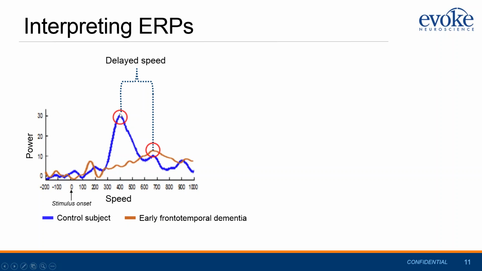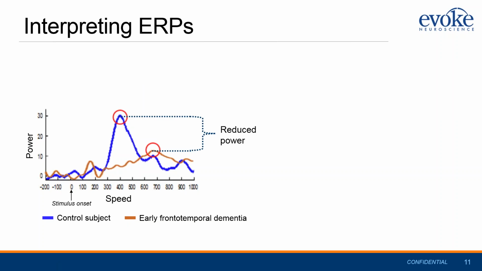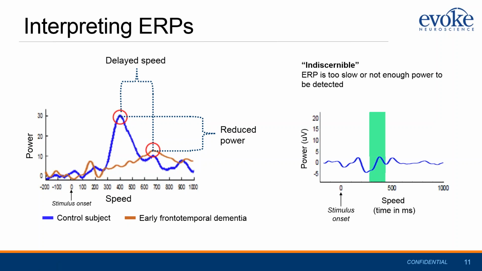We'd like to see this peak around 300, but this subject is about 675. So they have really delayed speed. And when we look at how it shifted on the y-axis, we can see that our dementia subject has significantly reduced power as well. They've shifted down on the y-axis. Their neurons aren't powering up together to process information.